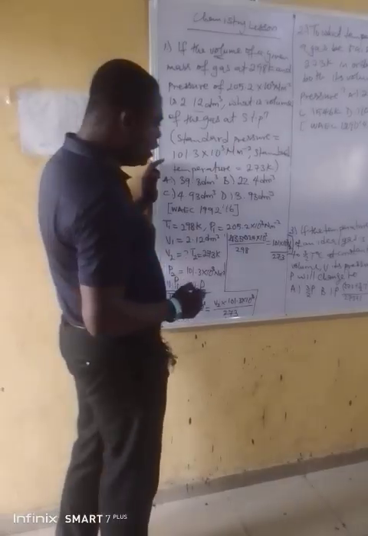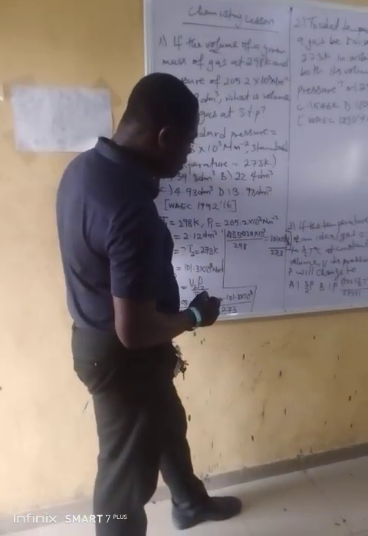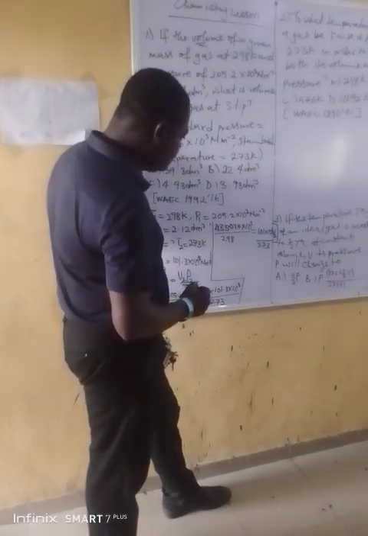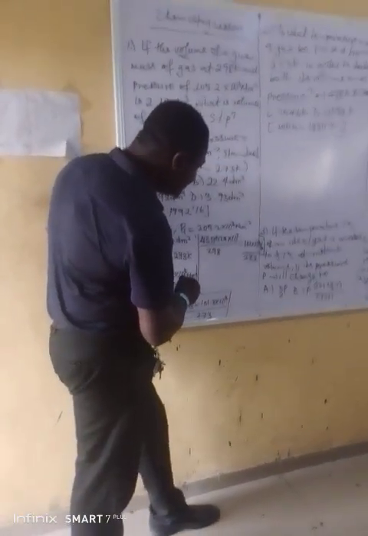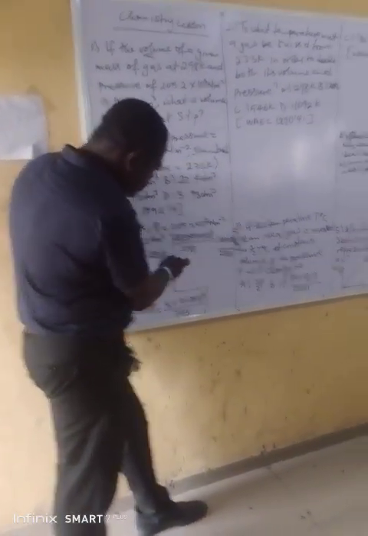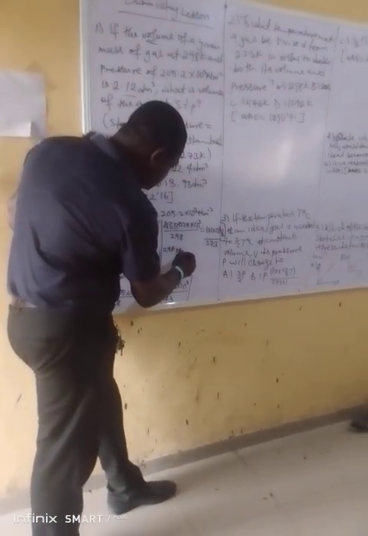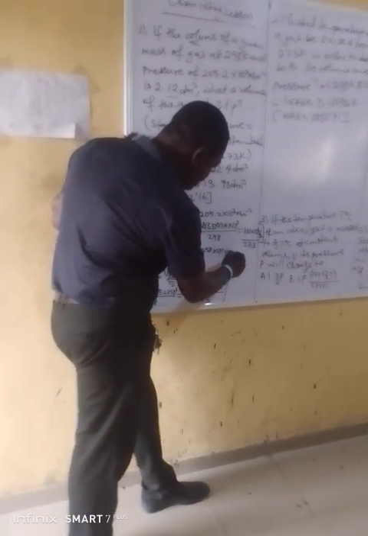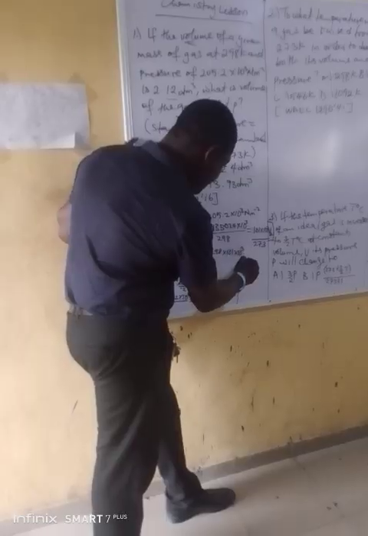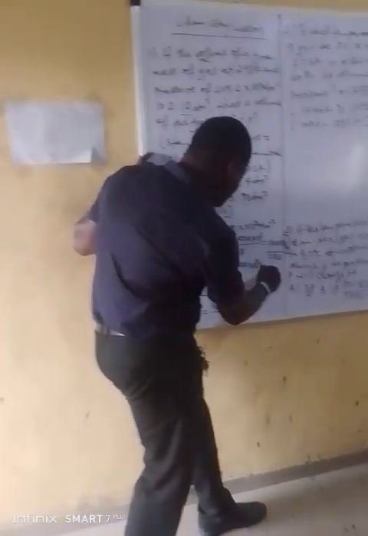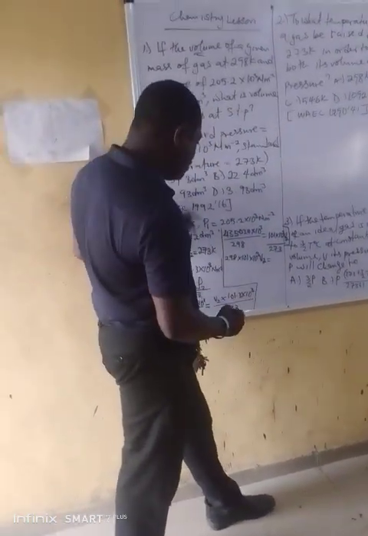We want to cross multiply now. So as we cross multiply, this one: 298 times 101 times 10 to the power 3 times V2 is equal to 273 times everything here.